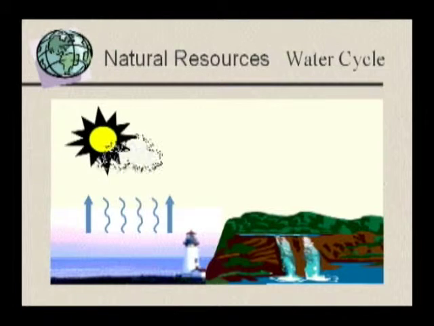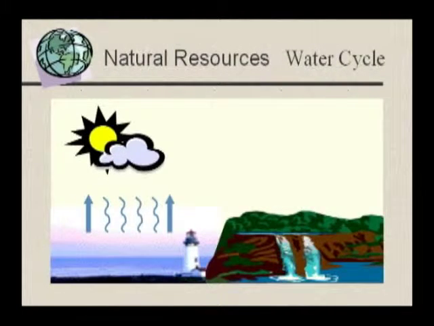Processes in nature that most people are at least somewhat familiar with. I'll start with the water cycle. Most everything that happens on this planet is powered by the sun, and the water cycle is no different. The sun shines on our bodies of water, and it evaporates that water. The water forms clouds.